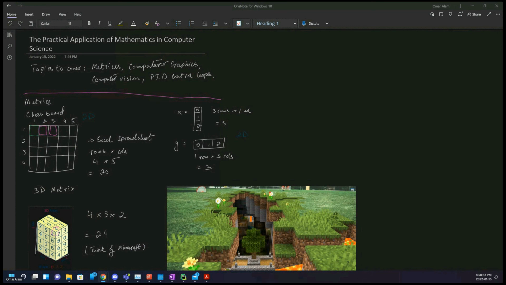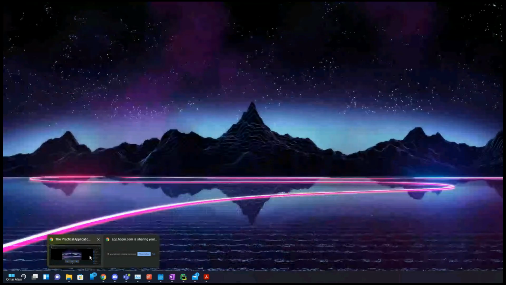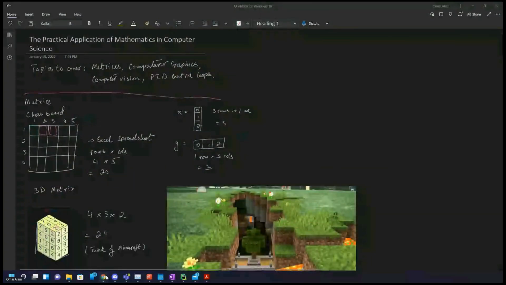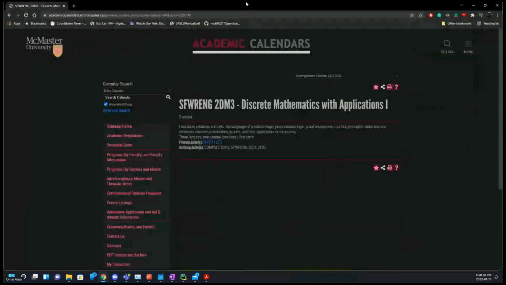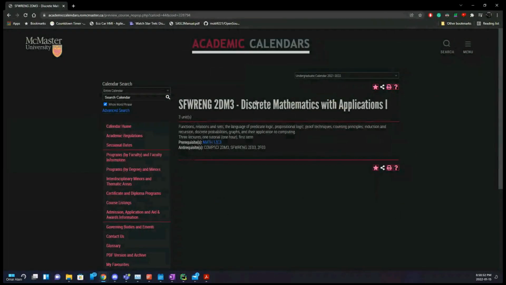So the first course is called Software Engineering 2DM3, Discrete Math with Applications 1. In second year, this is in your first semester.